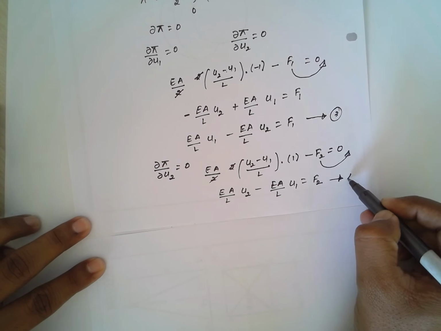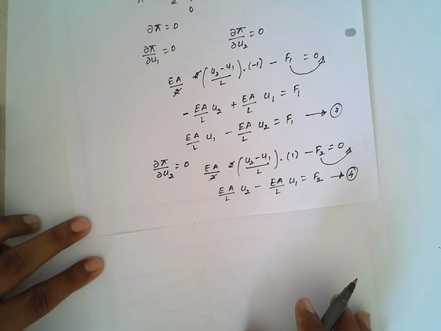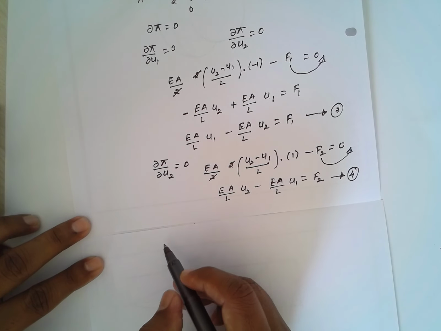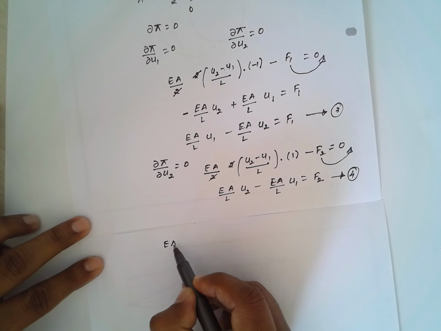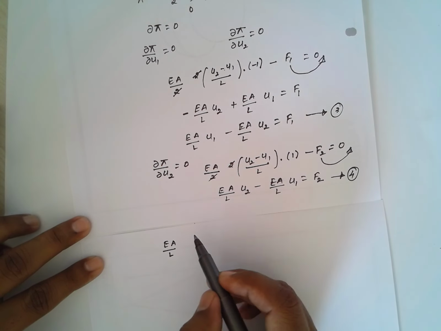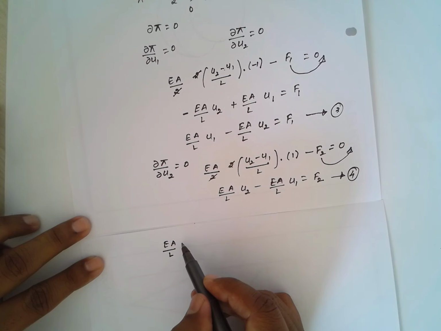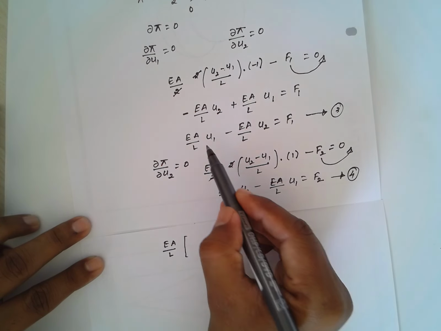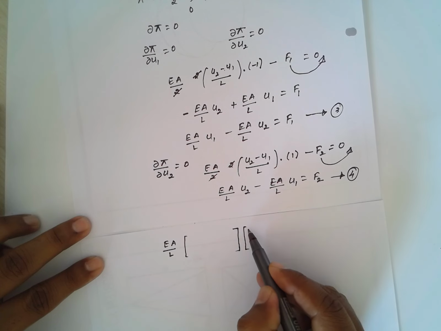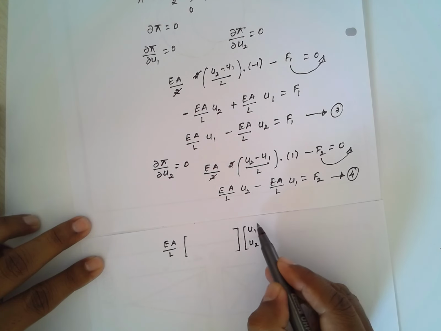let us write equation 3 and equation 4 in matrix form. I will take EA by L as common from both the equations, and the unknowns are U1, U2.